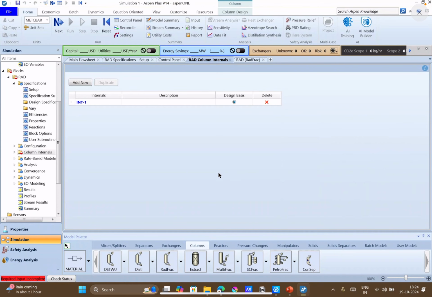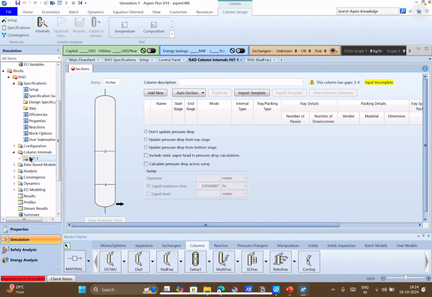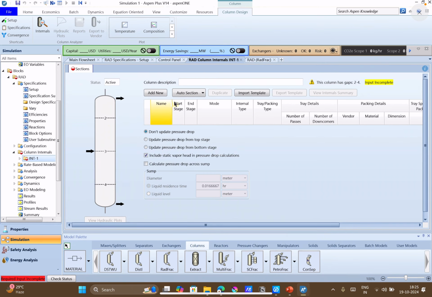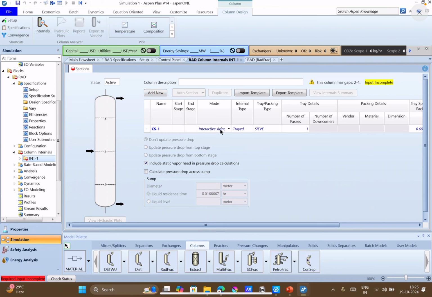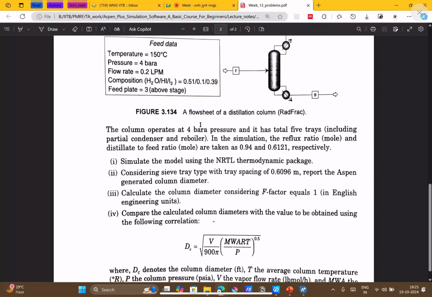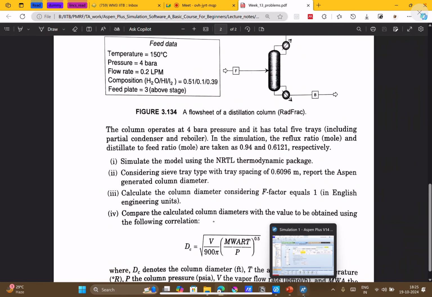Okay, so we have created it, and it's running column internals. In the internal part, we have been asked to use sieve type tray with a tray spacing of 0.6096.